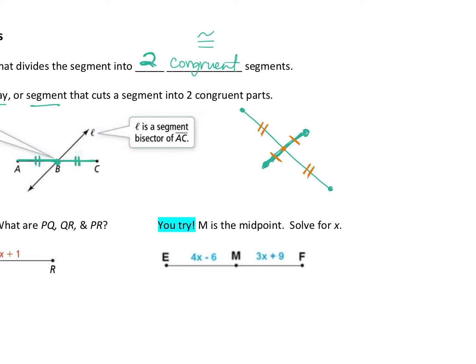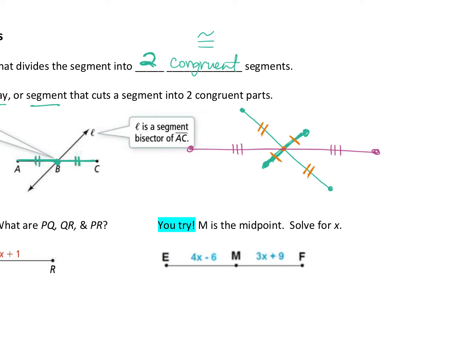If I were to add another line that cut through, how would I mark these ones congruent? 3 hash marks, 1, 2, 3, and 1, 2, 3. So you can see what segments are congruent based on how many little hash marks are given to you.